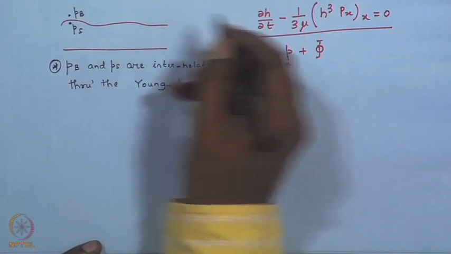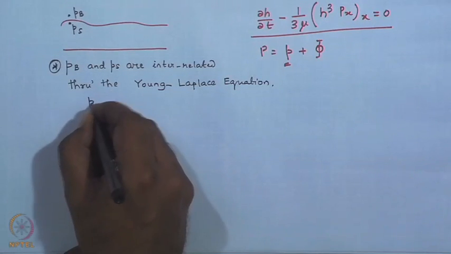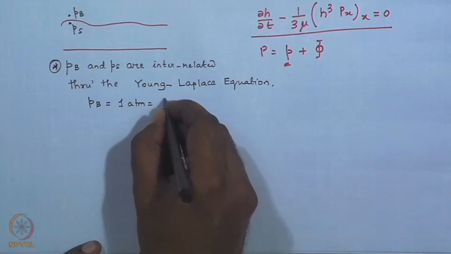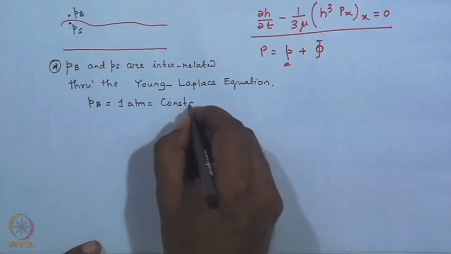If the film is exposed to atmosphere, then of course, Pb is equal to 1 atmosphere and is constant.